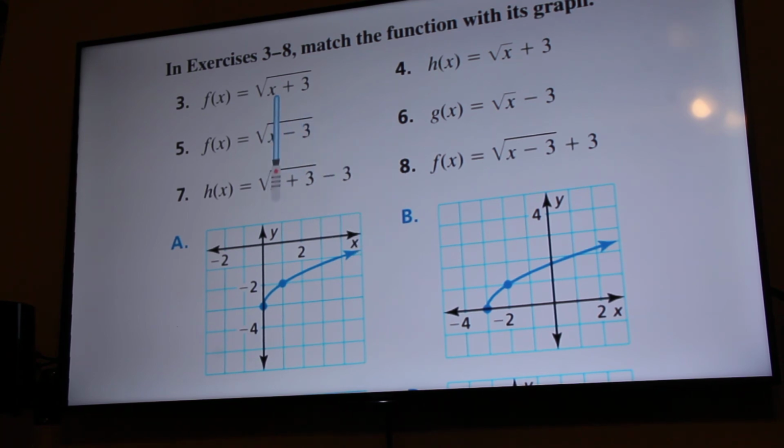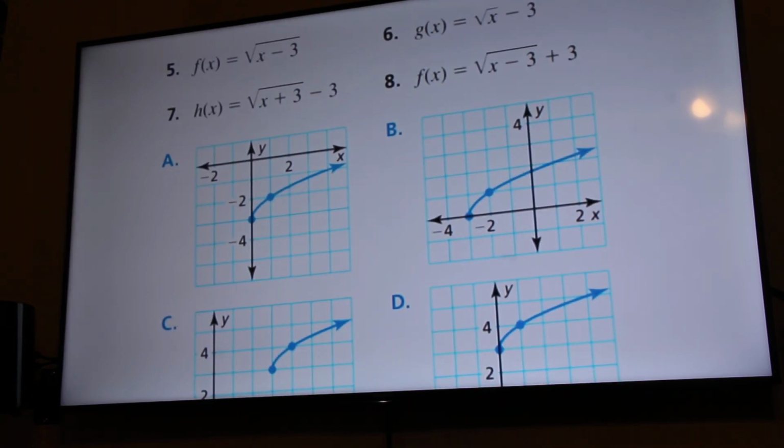If it's x plus 3 inside the square root, it means I move to the left 3. So guess what? Now I start from the origin somewhere. My origin is here, okay? And notice this graph is moving 1, 2, 3 to the left. So this one has moved negative 3, 3 units to the left.